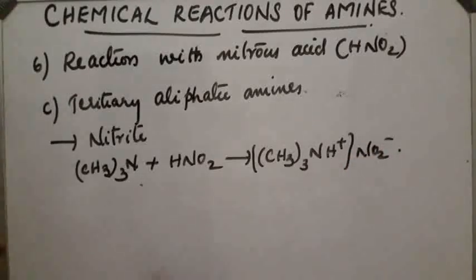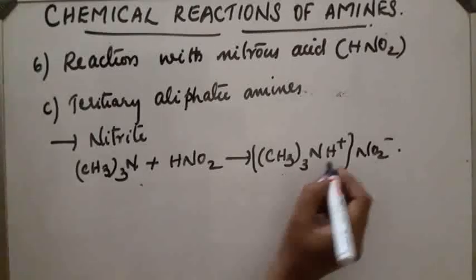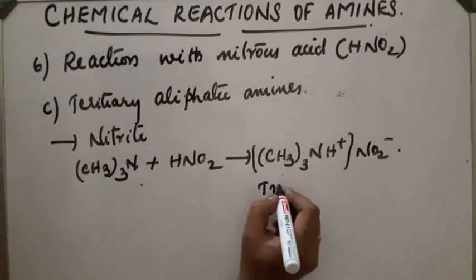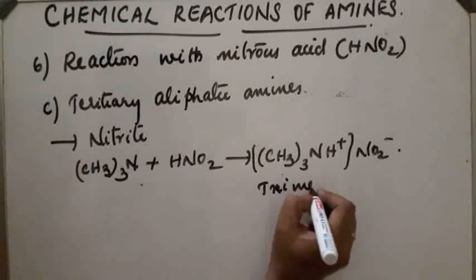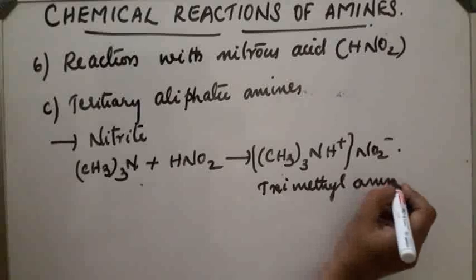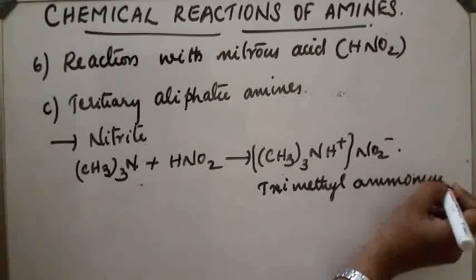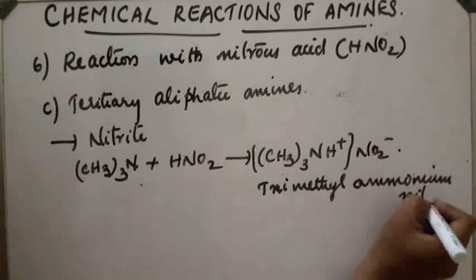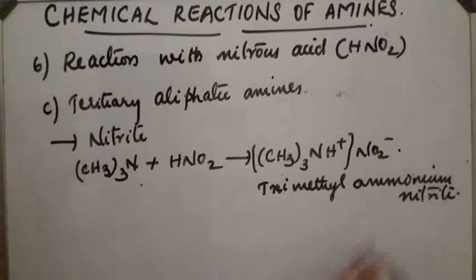This is a salt called trimethyl ammonium nitrite. Okay, trimethyl ammonium nitrite is obtained. This is in the case of tertiary amines.